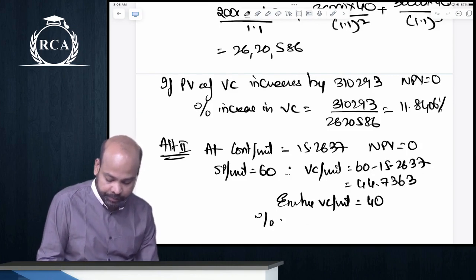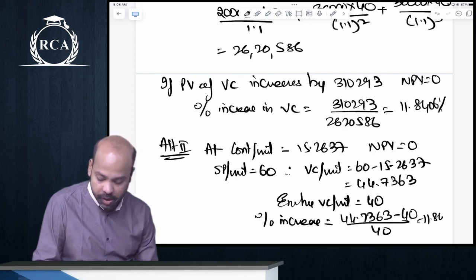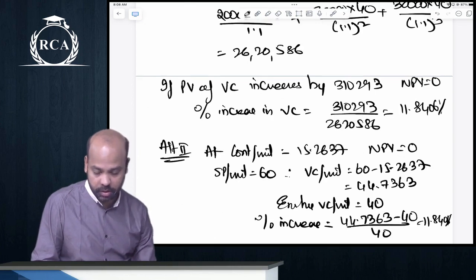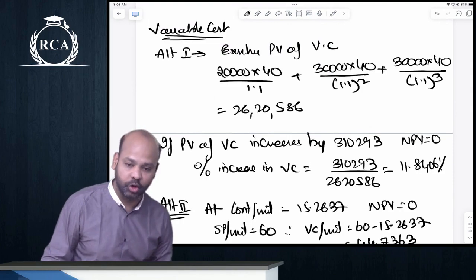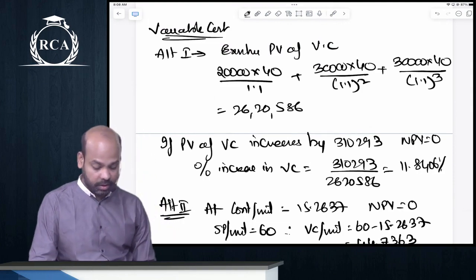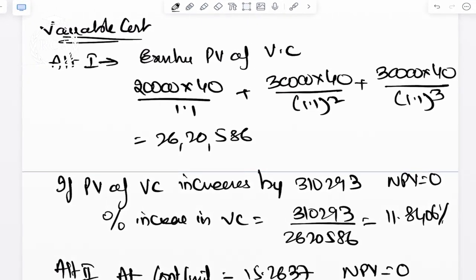Percentage increase is 44.7363 minus 40 divided by 40, 11 point, 11.840 common, guys, write it down. These are the two alternatives, guys, for variable cost. Did you understand, beta?